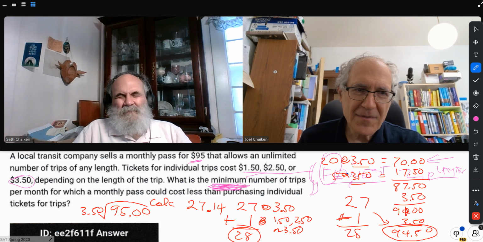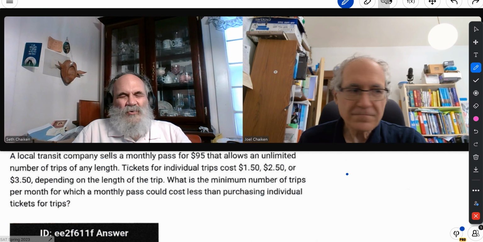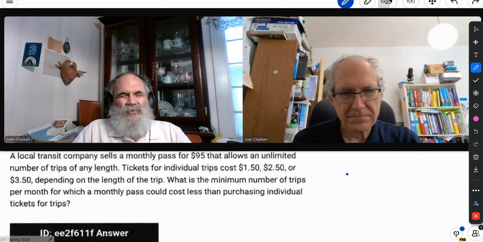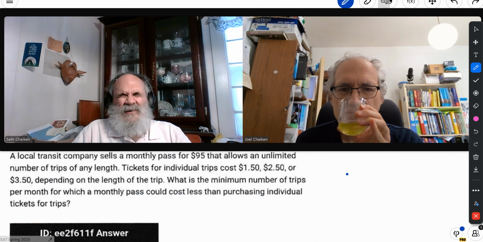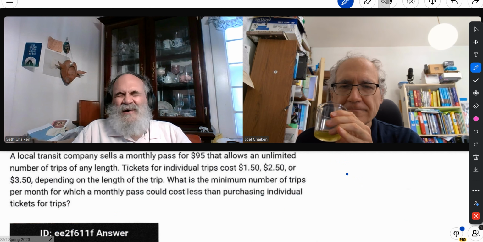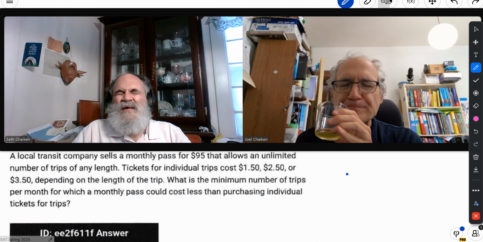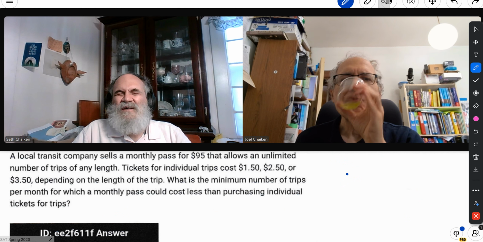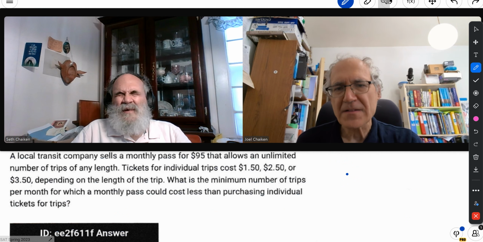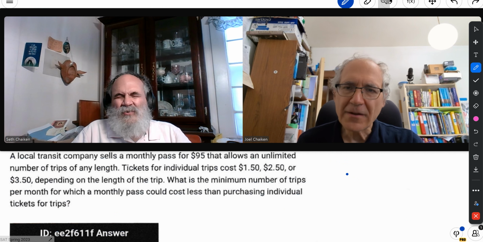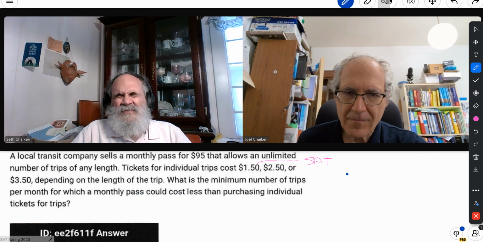The more realistic problem is you're given how many trips at each price you normally take in a month, and then decide whether it's less expensive to buy the pass or to pay for the trips individually.